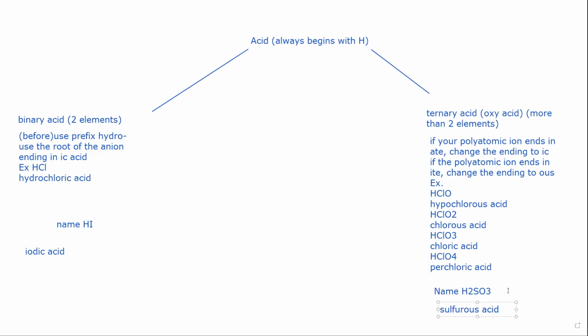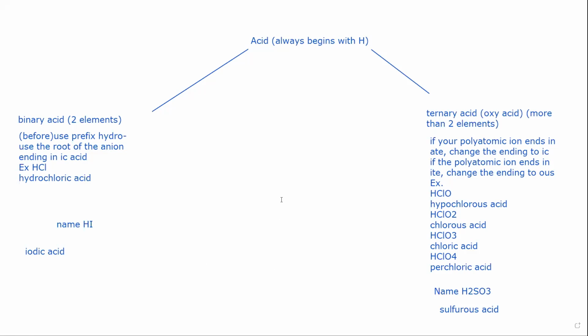Because this is sulfite. This is one of those examples where you cannot use sulfide. I always say take off the "ide," but in this case, you've got to go back to sulfur. So it's OUS, sulfurous acid. Yes. Okay, very good. All right, excellent.